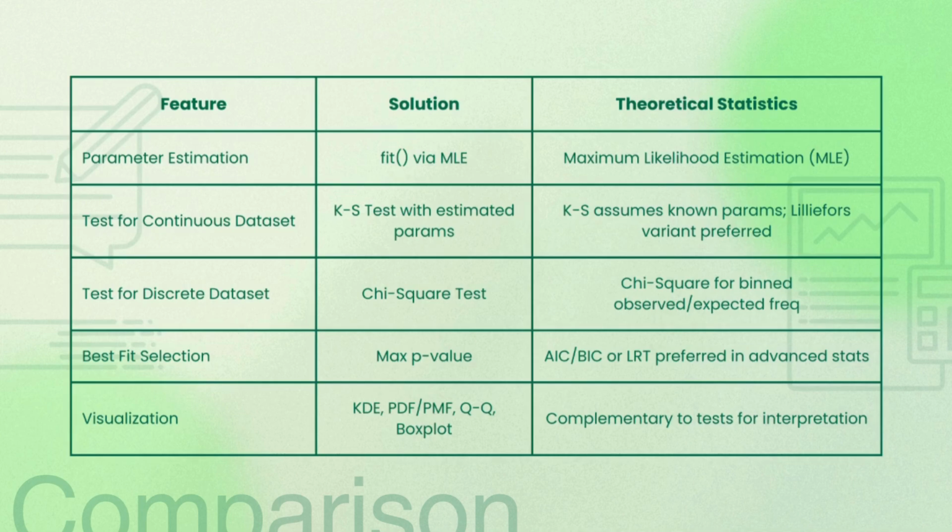And for the discrete dataset, the system correctly uses the chi-square test, matching standard statistical practice. In terms of choosing the best fitting distribution, we use the max p-values for ranking, which works for exploration but isn't as rigorous as criteria like AIC or BIC used in theoretical modeling.